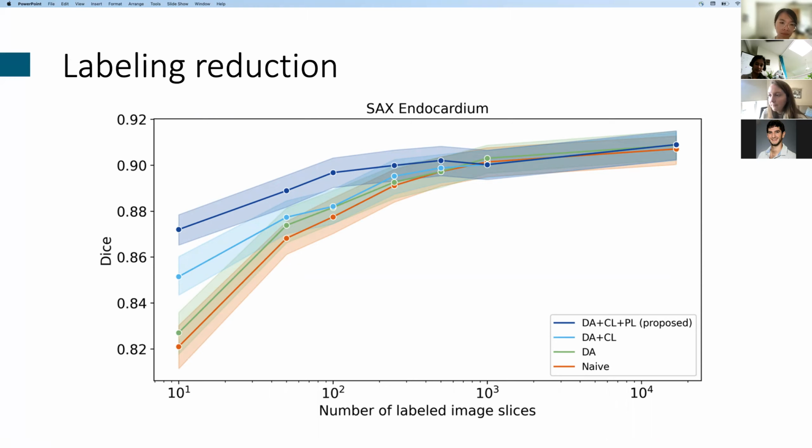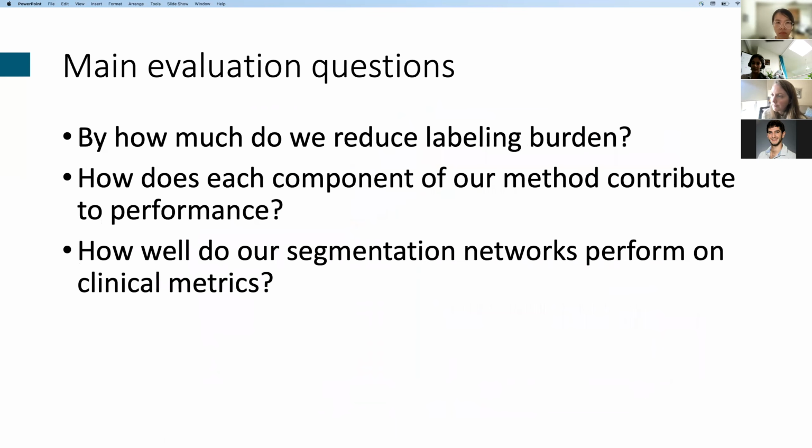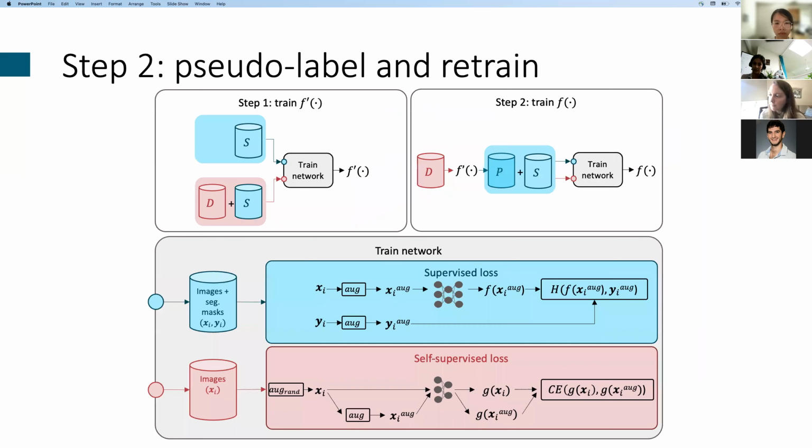I see. So for the left end of the graph, only 10 of them are labeled, but the rest are unlabeled. But for the right part of the graph, when you have 16,000 images, what's the difference between your proposed method and the naive method, since you're using all labeled? Yeah.